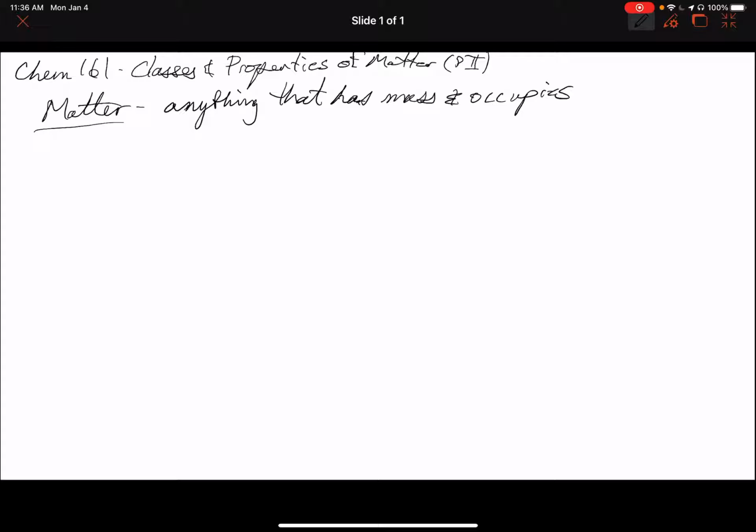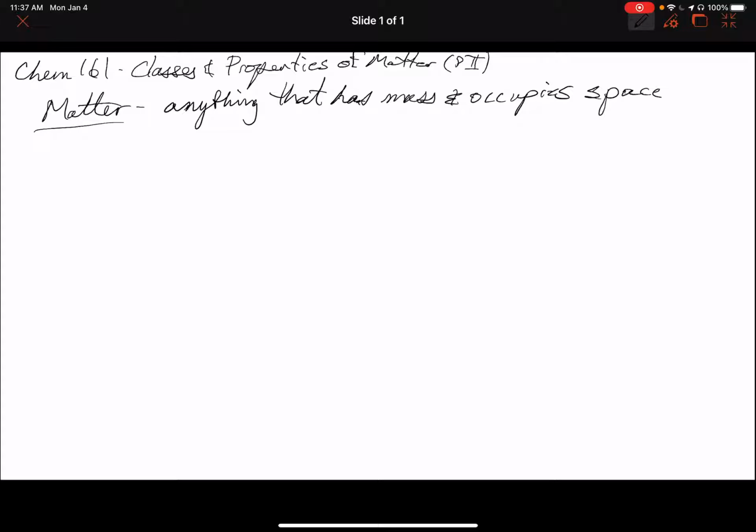So you have mass and occupy space, so you are matter. A proton within the nucleus of an atom has mass and occupies space, and that is matter. Very good.